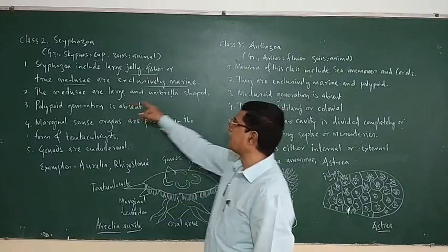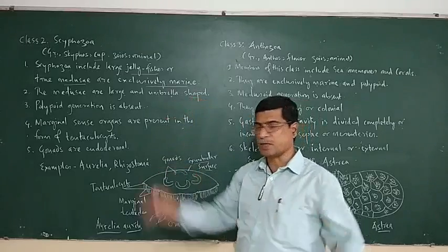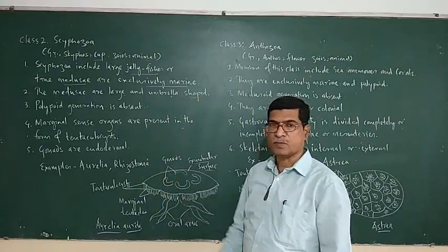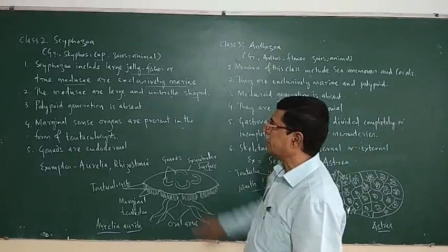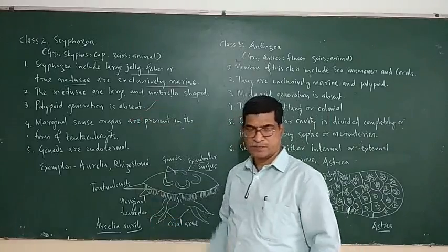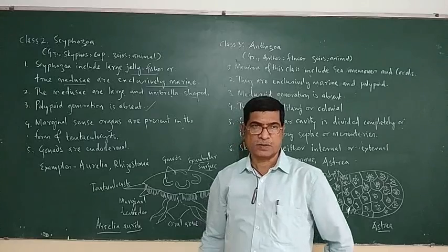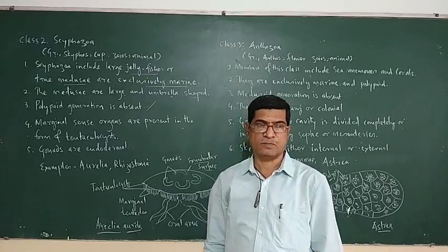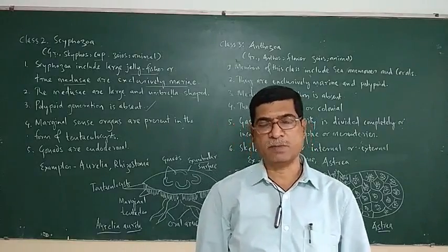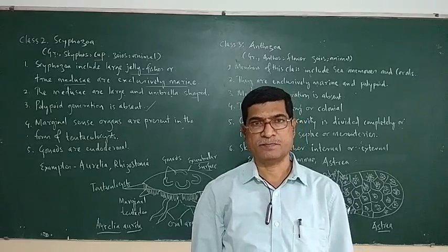So medusae are large, very large, and umbrella shaped. They are floating on the water surface. And polypoid generation is absent. We already discussed that polymorphism is present in coelenterates.